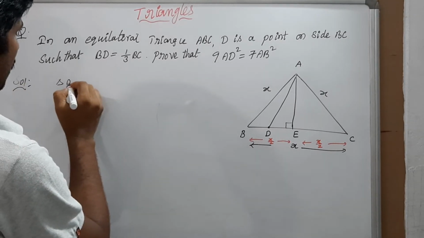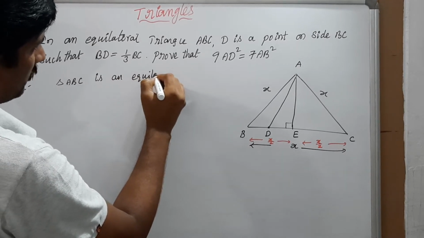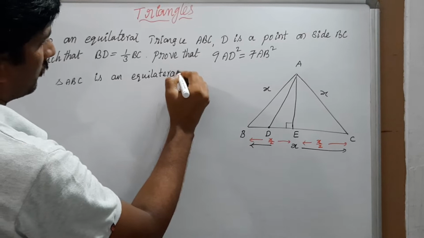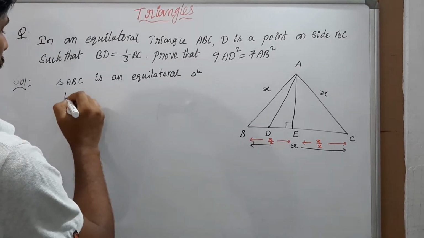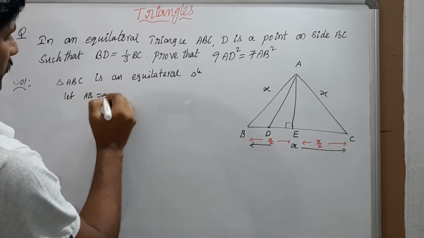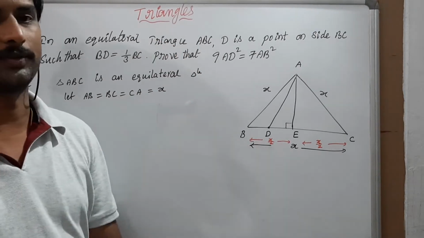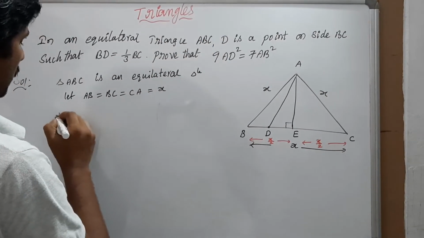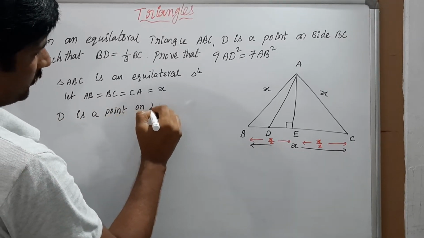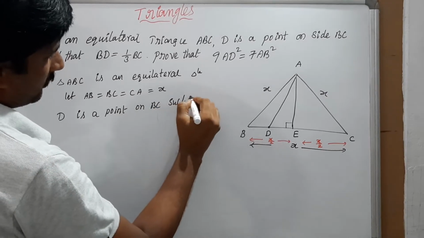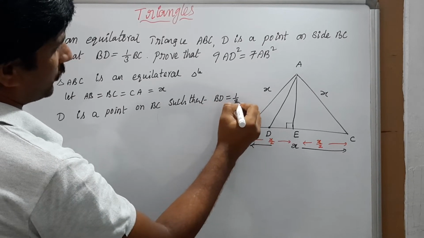Triangle ABC is an equilateral triangle. So let AB is equal to BC is equal to CA is equal to some x units, and also given D is a point on BC such that BD is equal to 1/3 into BC.